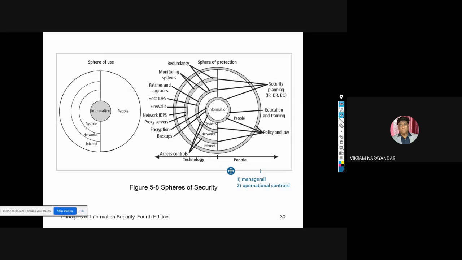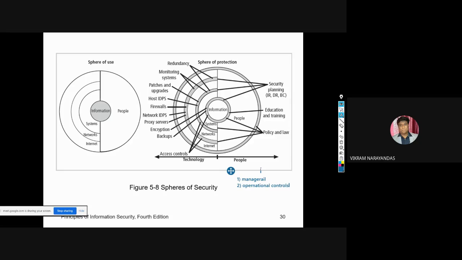They deal with the operational functionality of security in the organization, which includes management functions, operational controls generally, lower level planning, and incident response planning.